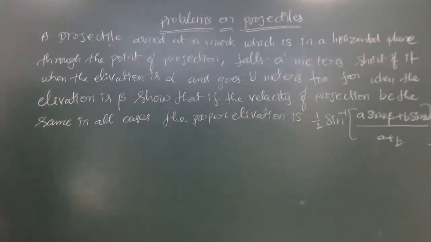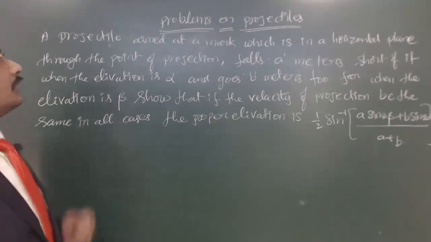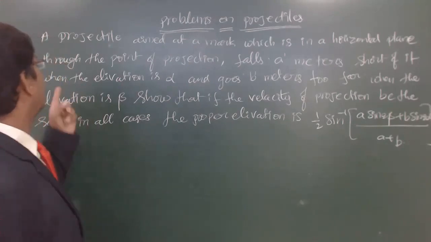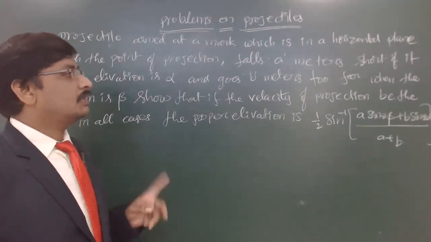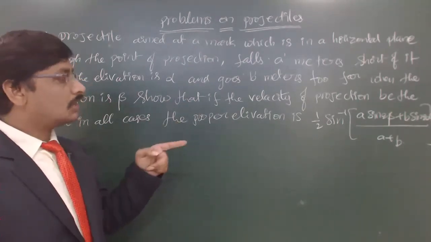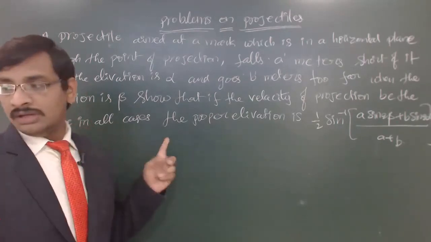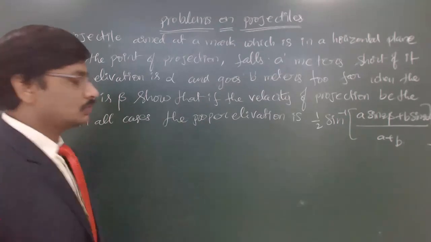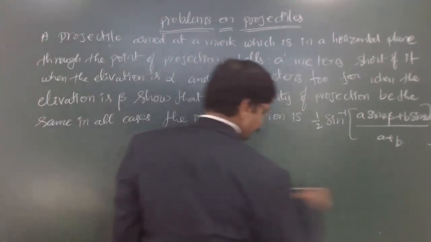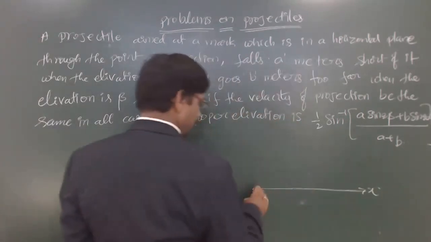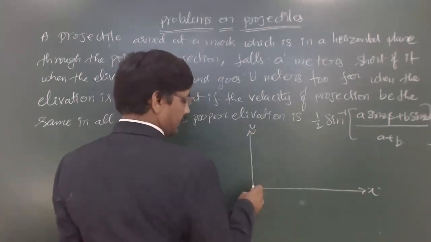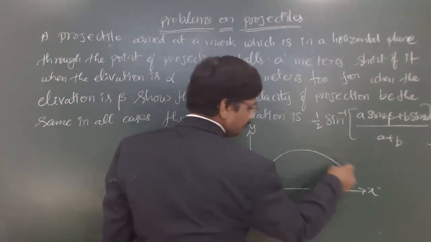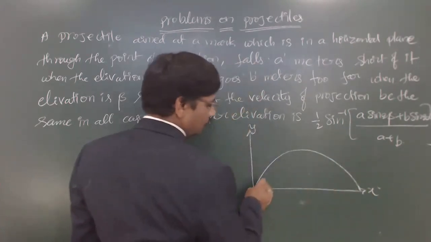So the way he has given is a projectile aimed at a mark which is in a horizontal plane through the point of projection, falls a meters short if the elevation is alpha and falls b meters away if the elevation is beta. So this is the x-axis and this is the y-axis, and the projectile is projected from here with a certain velocity. There are two different cases.